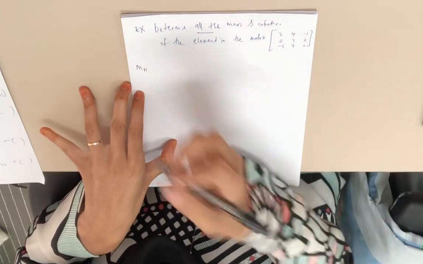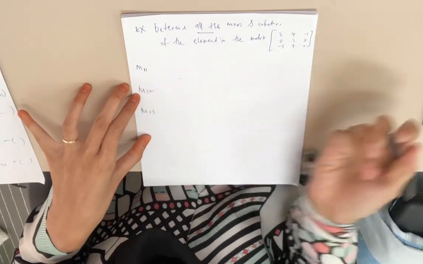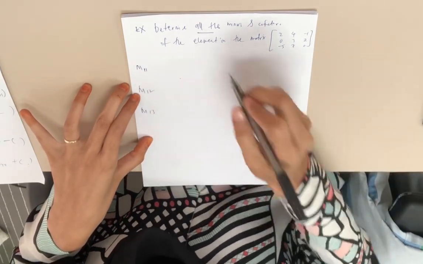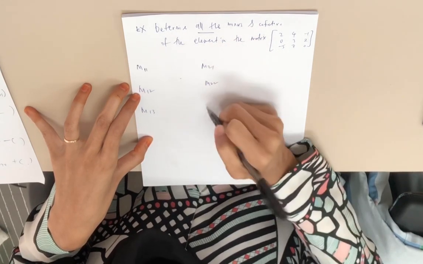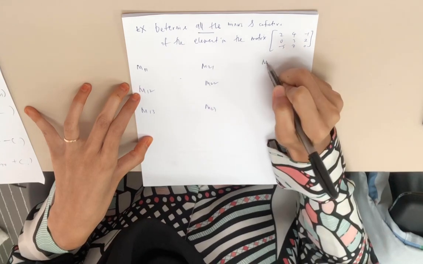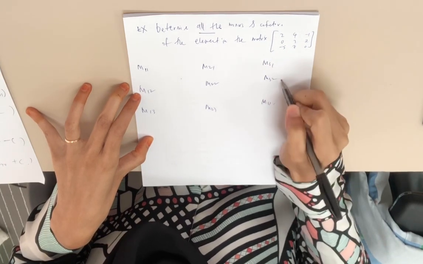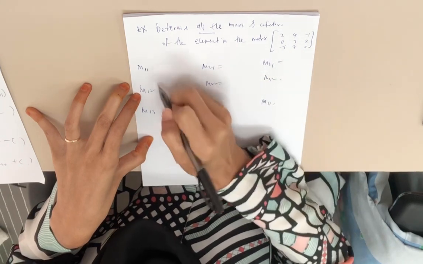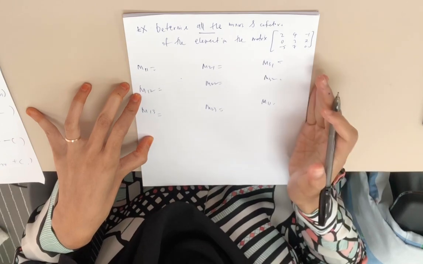So we have M11, M12, M13, and then M21, M22, M23, M31, M32, M33. So these are the minors. They have 9 minors, and of course you have 9 cofactors also.